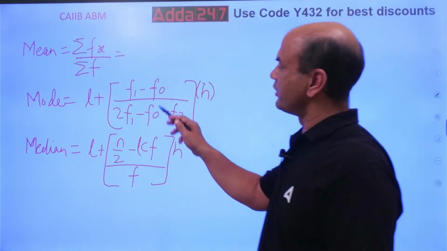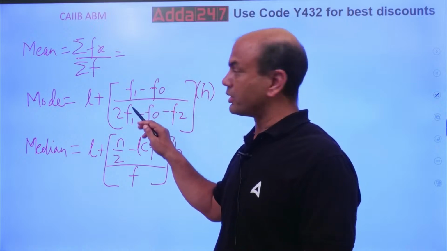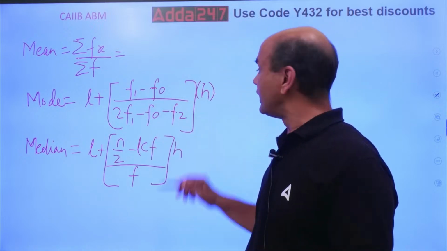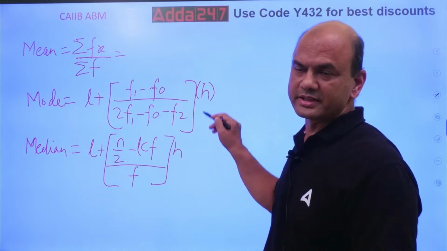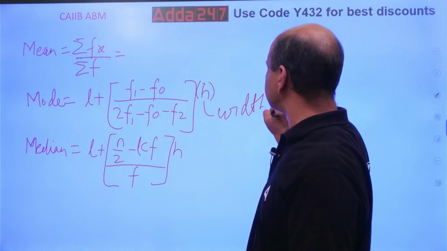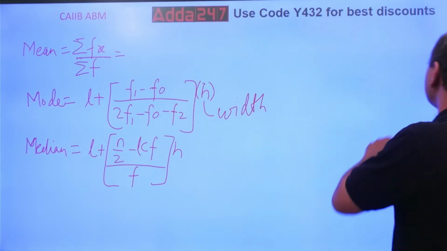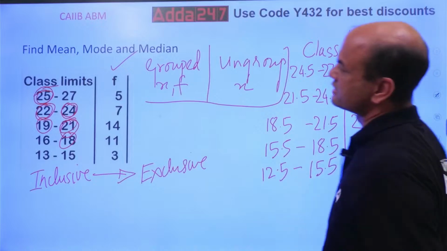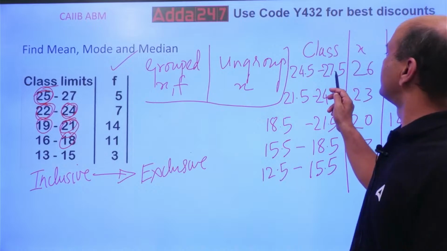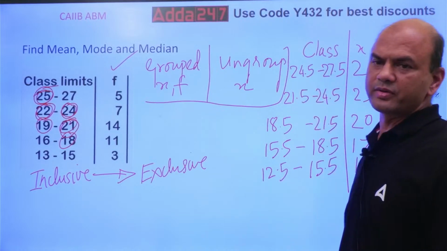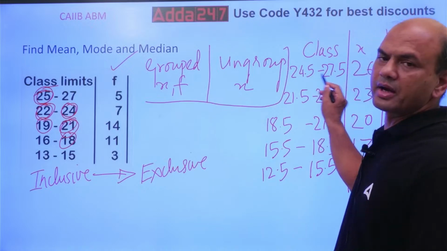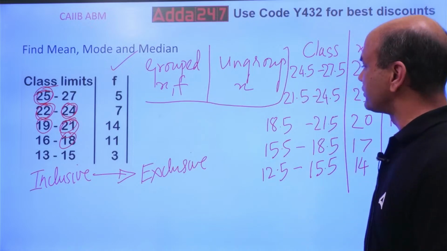L plus F1 minus F0 upon 2F1 minus F0 minus F2 into H. This H is known as width, the width of the class. Width of the class is what? This 27 minus 25. Or you can do it from here also, 27.5 minus 24.5. So it is 3. 3 is the width. Width means the difference between the upper and the lower end. Okay, so that is width.